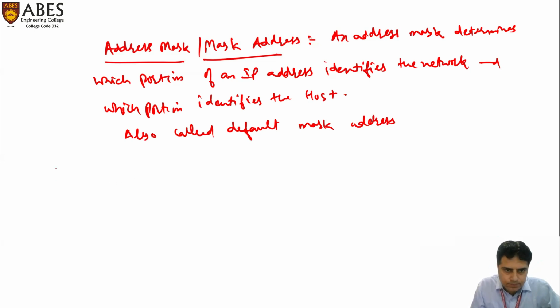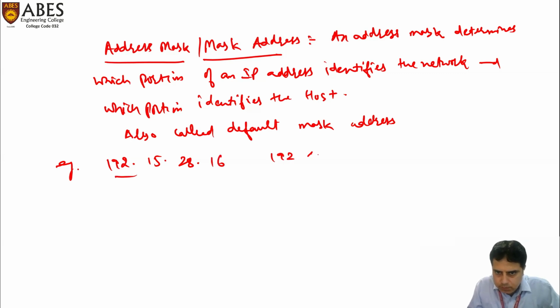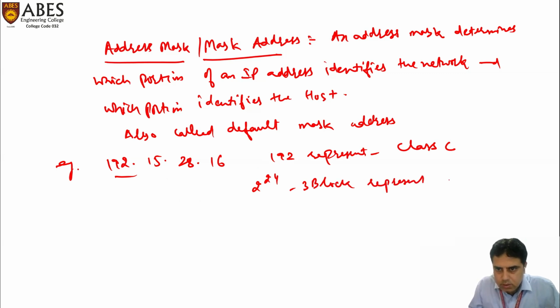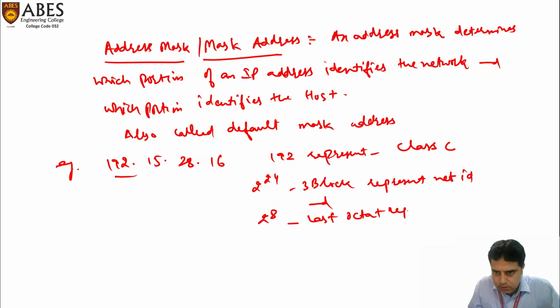For example, 192.15.28.16. So this 192 represents that it is a class C IP address. So for class C, 2 raised to the power 24, 3 blocks represent the network address and 2 raised to the power 8, the last octet, represents the host.